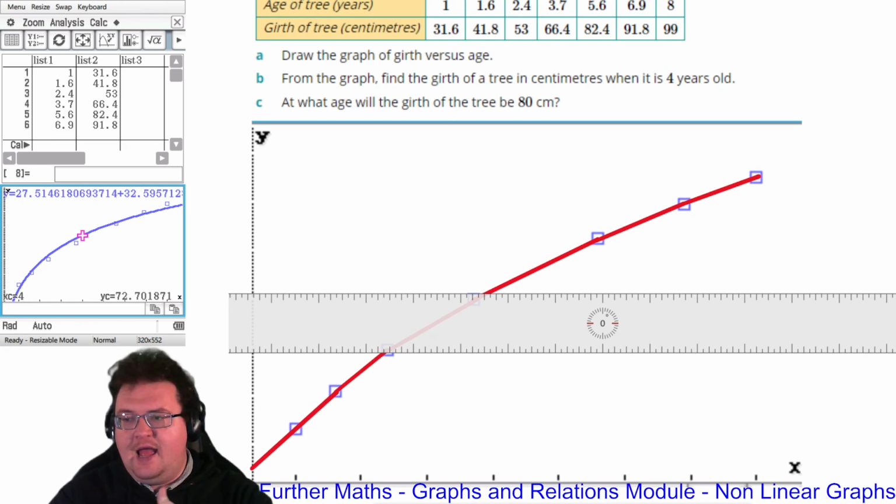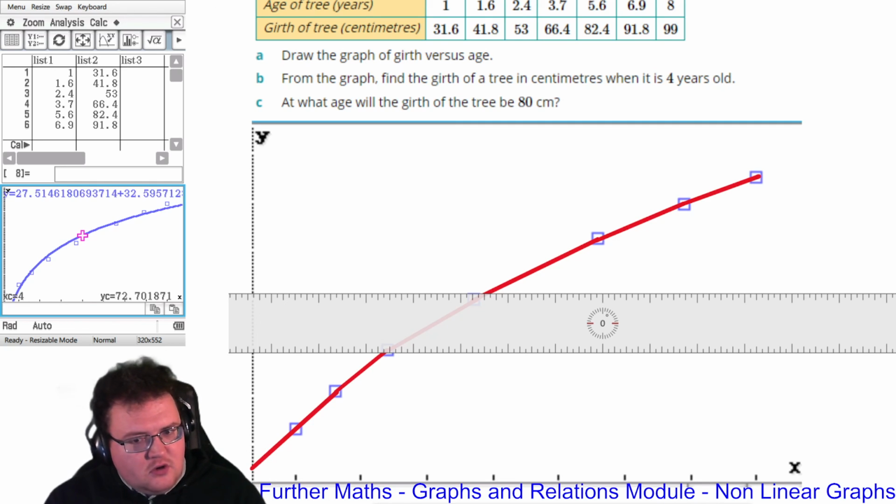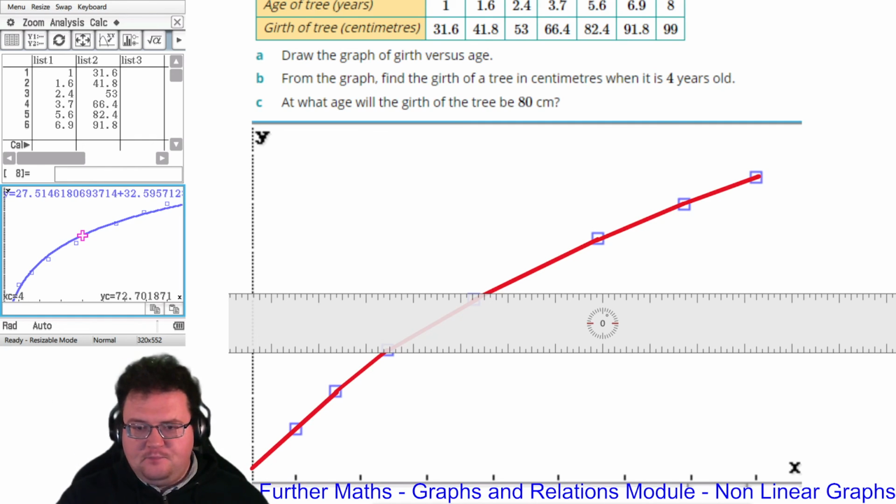So it doesn't quite exactly pass through all of it, but the regression equation allows me to predict things a little bit easier. So I'm going to finish up there.